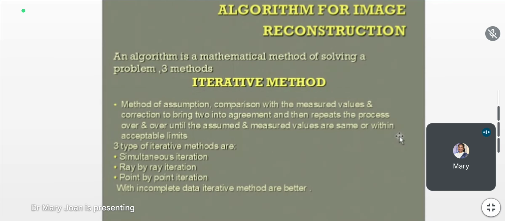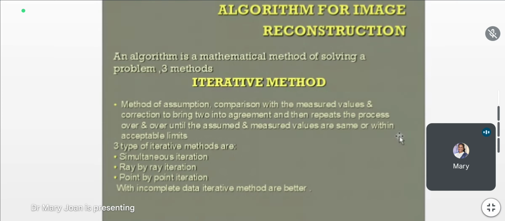So we assume a value, compare it with the measured value, correct the assumed value to be similar to what we measured, then repeat this process many times. This is called iteration.